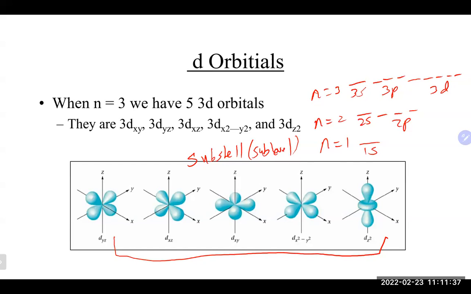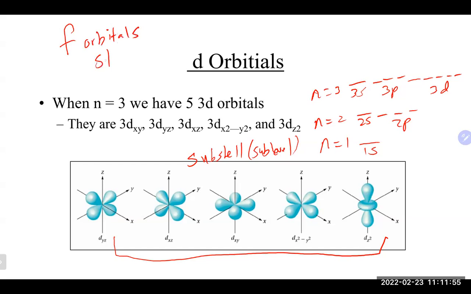The next orbitals which are important are f orbitals, and they appear on the 4th energy level. Let me go back here. On the 4th energy level, we get f orbitals.